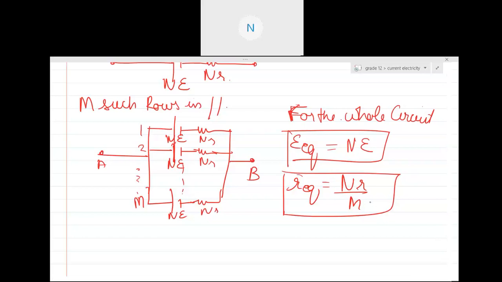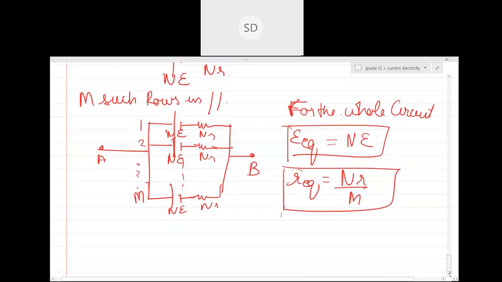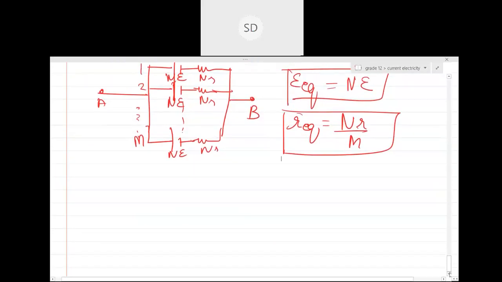Okay. So let's do a problem. Acha, what will happen in reverse polarity, guys?